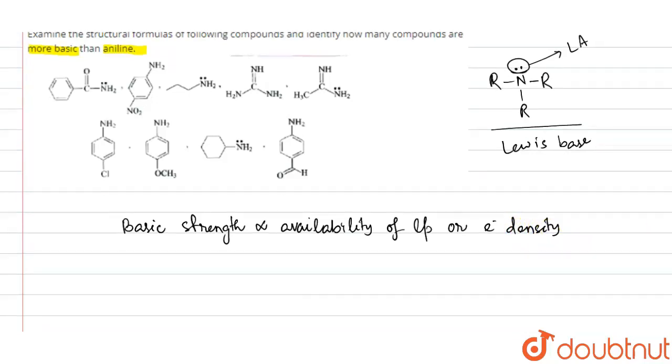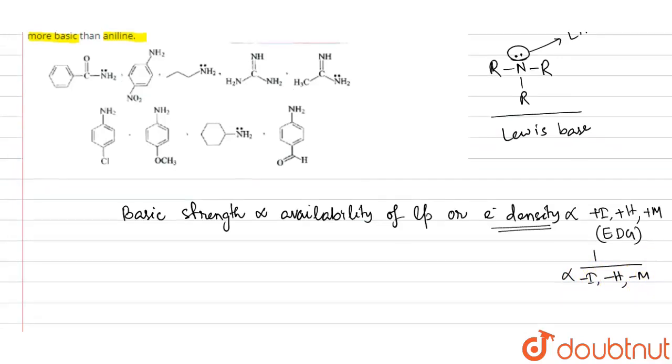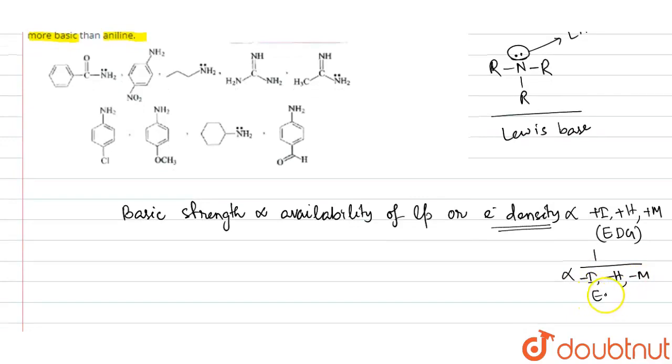And this electron density is further proportional to plus I, plus H or plus M groups, which are electron donating groups, and is inversely proportional to minus I, minus H and minus M groups, which are electron withdrawing groups.